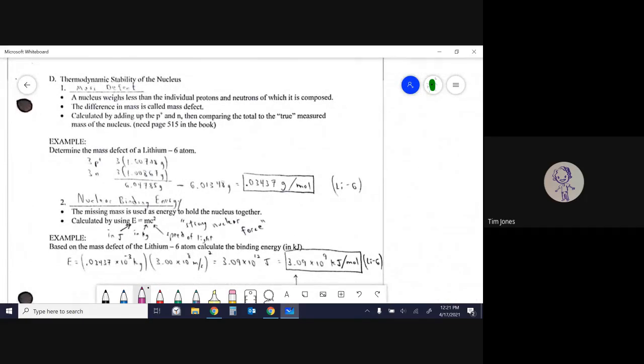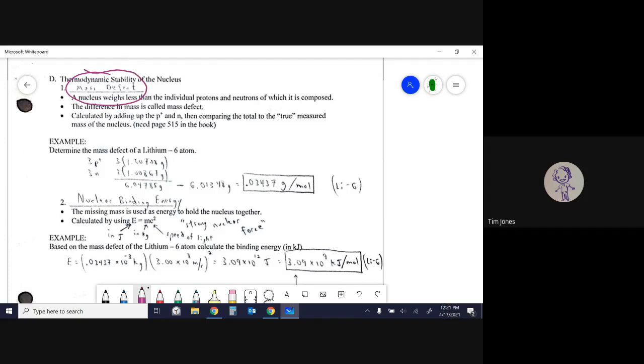Now, regarding whether the nucleus is stable or not, ultimately, if you really get down to nuclear physics and such, certain combos of protons and neutrons are stable, and other ones are radioactive, and so on. There's an interesting thing that happens, though, in all atoms called the mass defect.